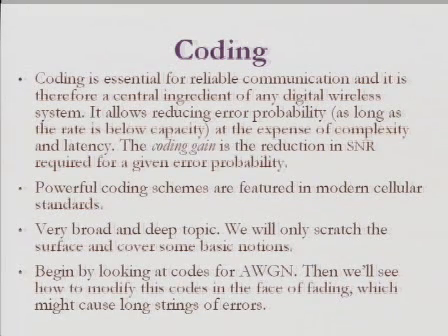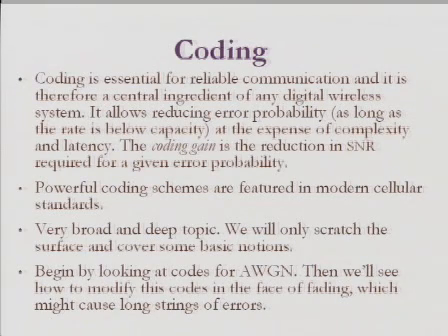So as long as the rate is below the capacity, we can reduce the error probability as much as we want by using coding, okay, by using better and better codes. So the coding gain is the reduction in SNR that we need for a given error probability. Okay, so remember that we found all these formulas when we studied modulations for the error probabilities.